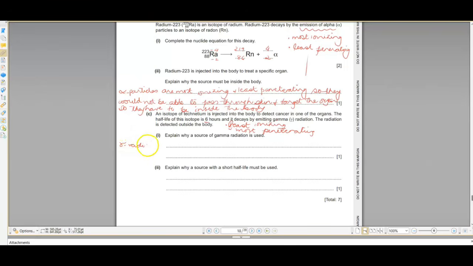Gamma radiations are used because they are least ionizing and most penetrating.